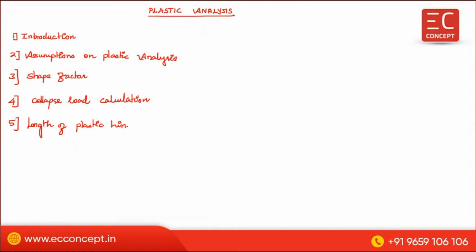So I have segregated this chapter into 5. One is the introduction, next assumptions on plastic analysis, next is the shape factor, next the collapse load calculation, now the length of the plastic hinge. That is the last part.